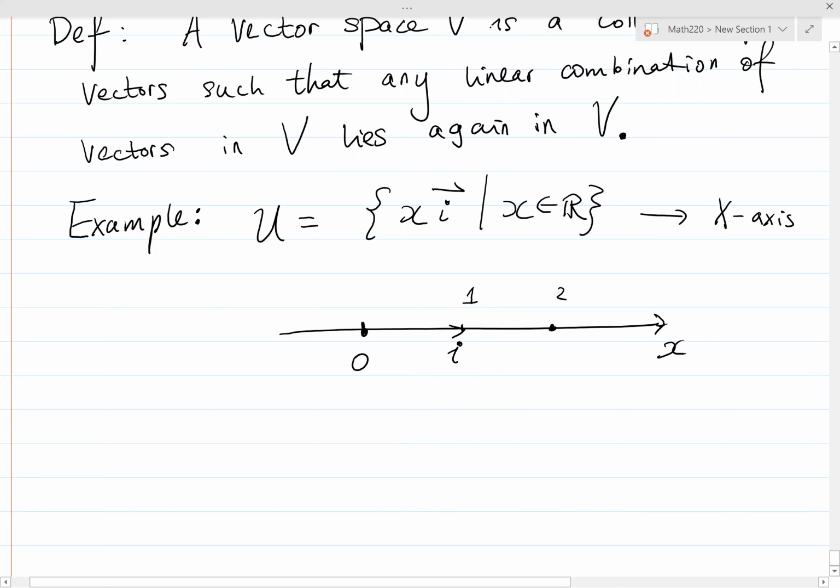So for instance, i plus 2i is 3i. This is again of this form and still lies on the x-axis, so it's closed. If you multiply, for instance, 3 times 2i, you get 6i, which is again of this form. So it's stable under multiplication by scalars and addition or subtraction.